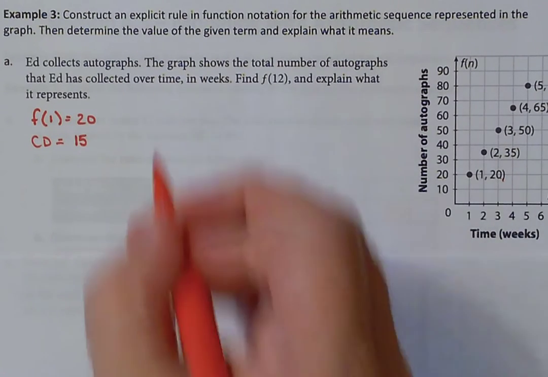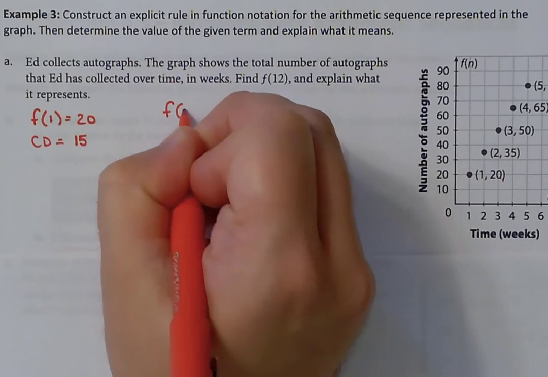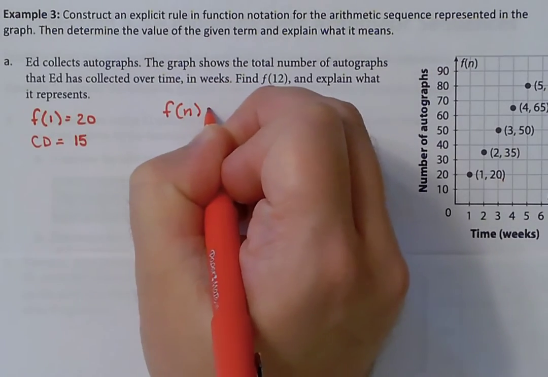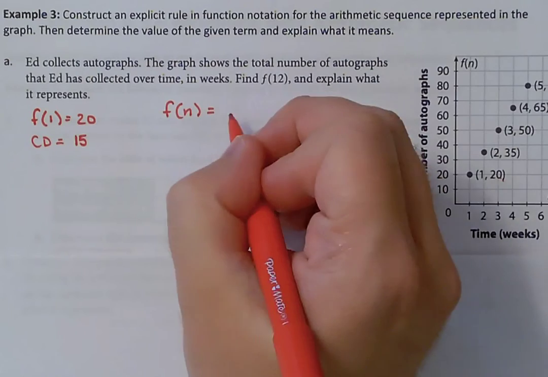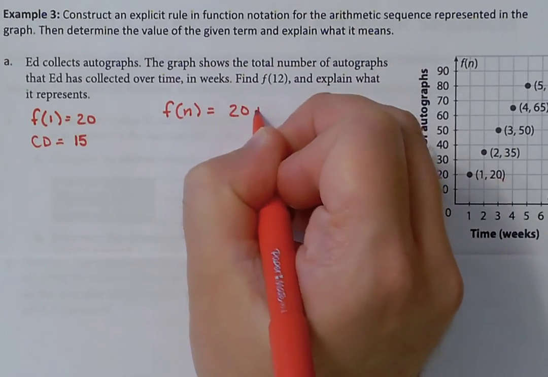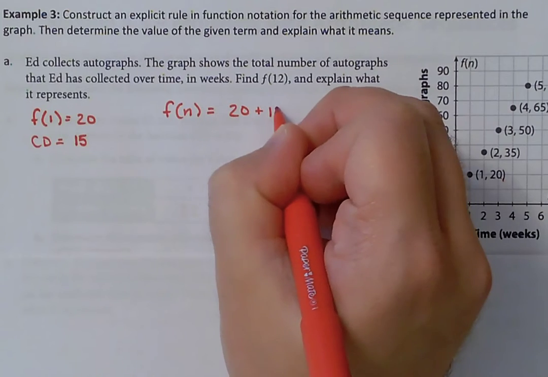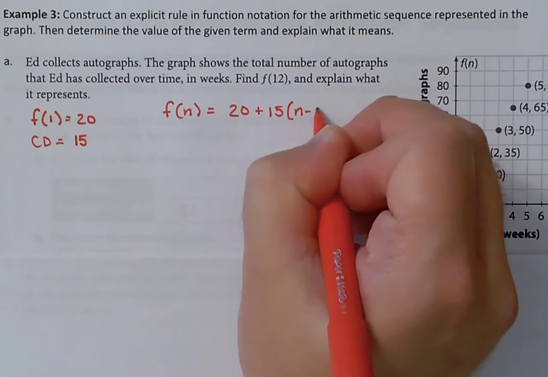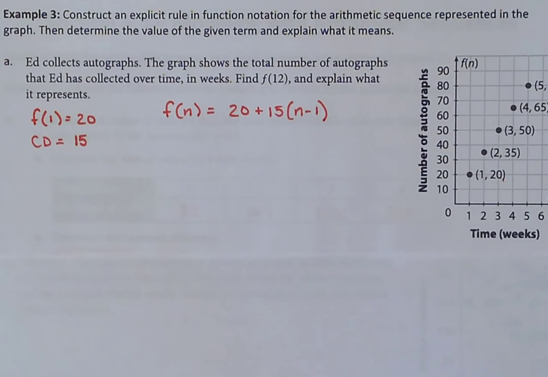So if I'm writing my explicit rule, f of n is going to equal, again, my first term, so 20, plus my common difference, 15, times n minus 1.